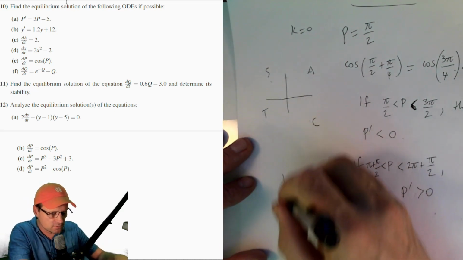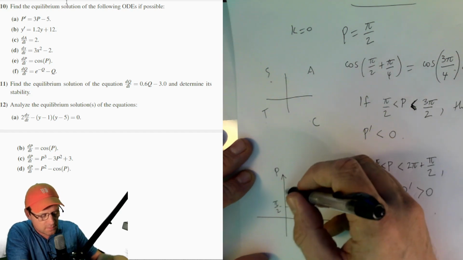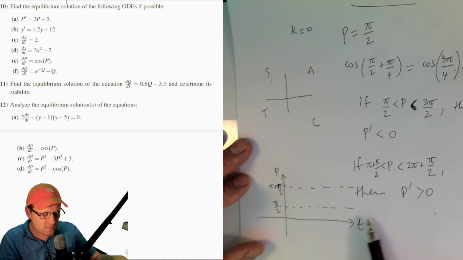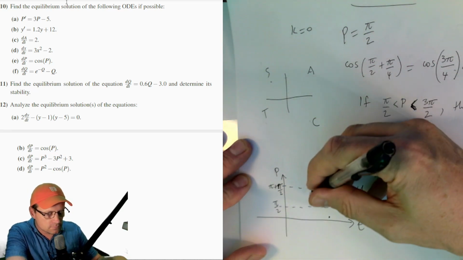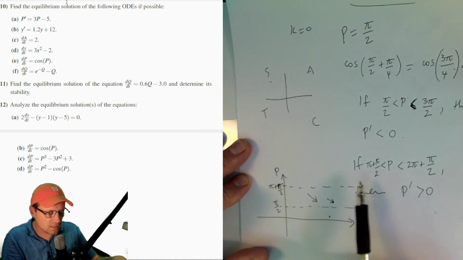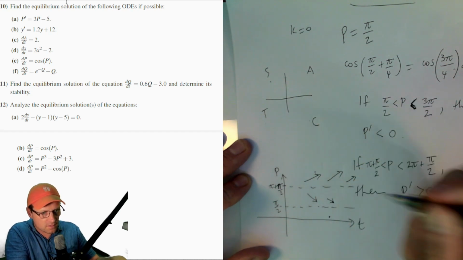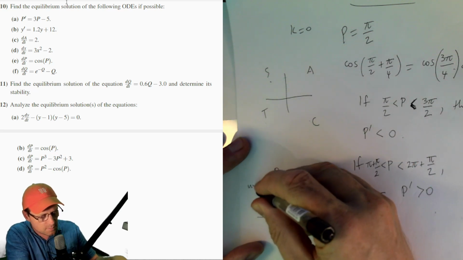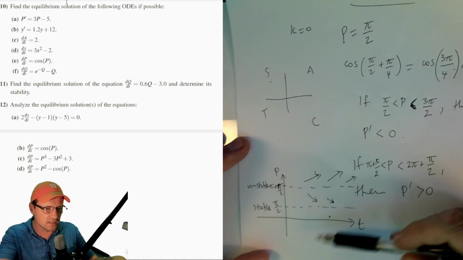All right, so let's draw a little diagram of what we have so far. Okay, so pi on 2, and then up here let's put pi plus pi on 2. Okay, so we said if it's in here, then we have a negative slope. But if it's in here, we have a positive slope. Okay, so that tells us that this is unstable. This one is going to be stable, and these are oscillating in their stability.